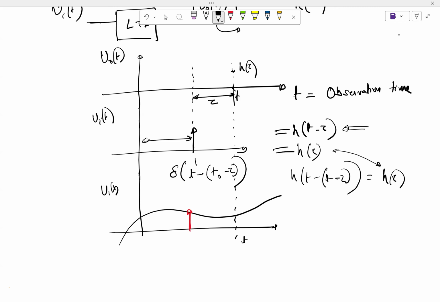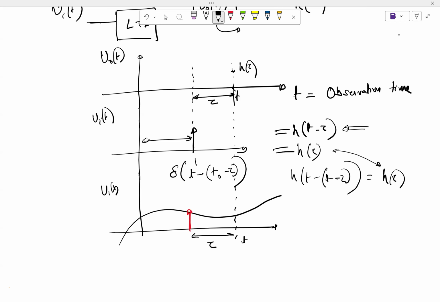My observation time is t. I am trying to figure out the response of this impulse, which has been applied tau before t. And then I will simply move tau from 0 to infinity. That will take care of all the effects from here all the way there. Fine. So that's the framework.